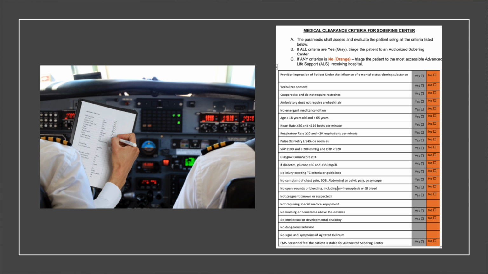If there's a form in your ePCR platform to fill out for that checklist, use it. If there is not, then a recommendation would be to take a photo of it so that it's uploaded with that PCR, so that the checklist is viewable and can be reviewed at a later time if necessary.